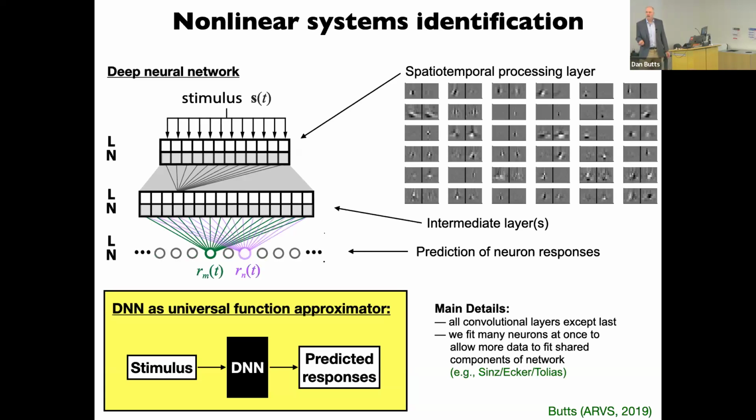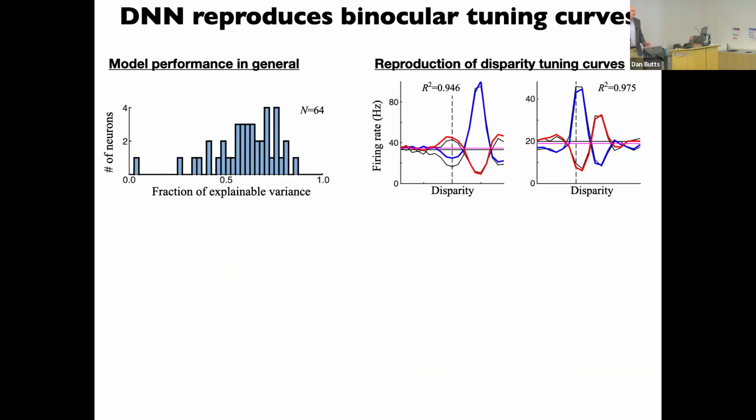When you do this, there's a couple of details. One of the main ones is that they're convolutional, and also that to leverage the amount of data you have, you fit them to multiple neurons at once. These are all details that aren't important for this story. What is important is that when you do this, you can take the same data, the same neurons, and almost perfectly predict their disparity tuning curves.